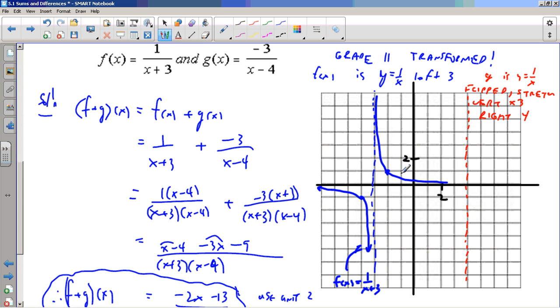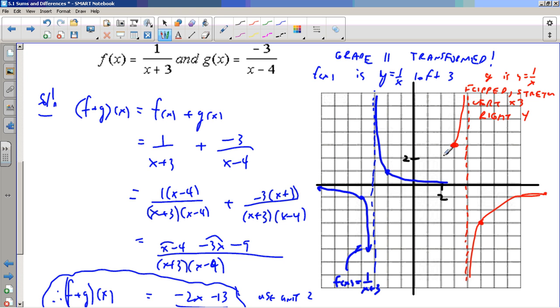And instead of this point being moved, this point that was here, 1, 1, being moved right 4, it has been flipped and stretched by a factor of 3. So where the distance was 1, it's going to get stretched to -3. And in fact, all the points get stretched by that much. So it's a little more off of the x-axis than we'd expect it. And there's another point up here. Same, it was there, right? But it gets flipped and stretched and moved right. There's the other nice point.